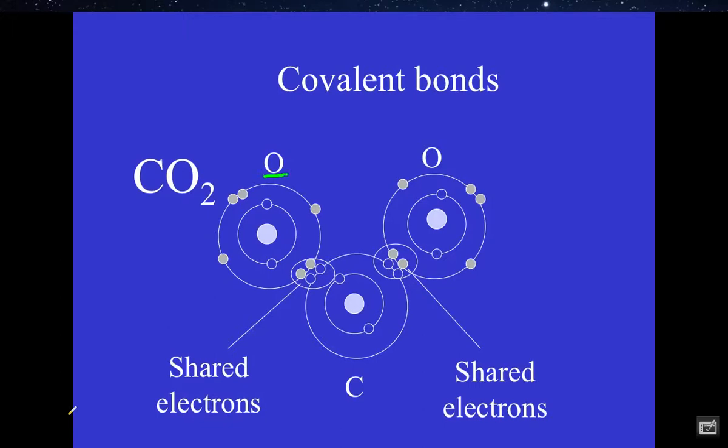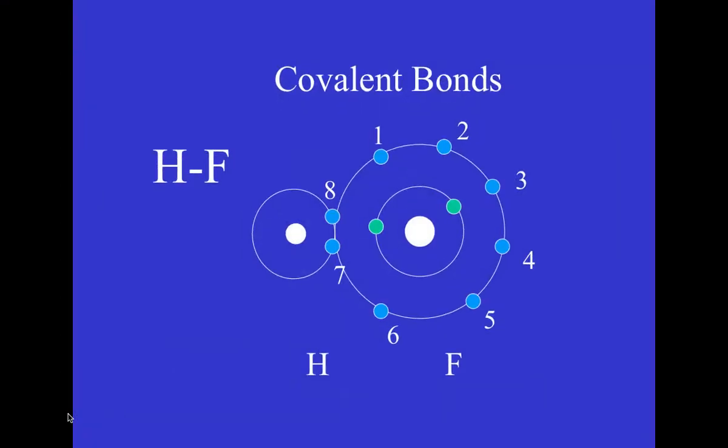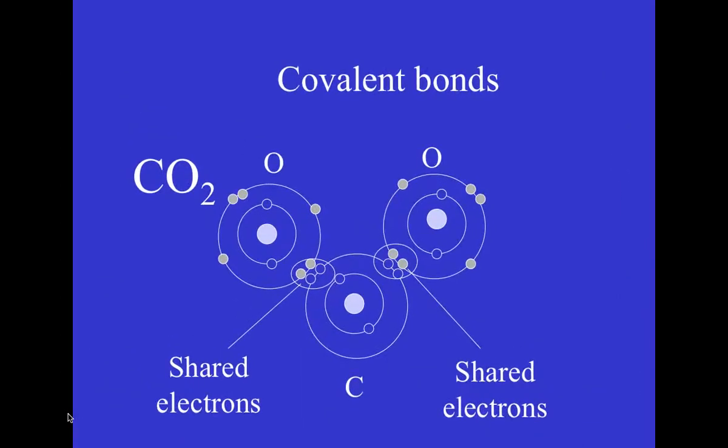For this oxygen, I have 1, 2, 3, 4 that are not in the shared, but then I count all of these, 5, 6, 7, 8, so that oxygen is stable. I go over to the other oxygen, 1, 2, 3, 4, and then in the shared, 5, 6, 7, 8 makes it stable. So sharing in this way actually allows carbon and oxygen to be stable. If you just want to write H with F, and CO2, those could be your examples of covalent bonds.